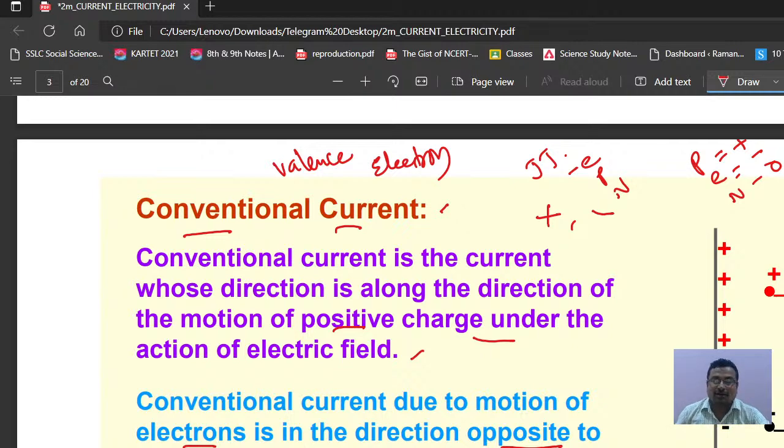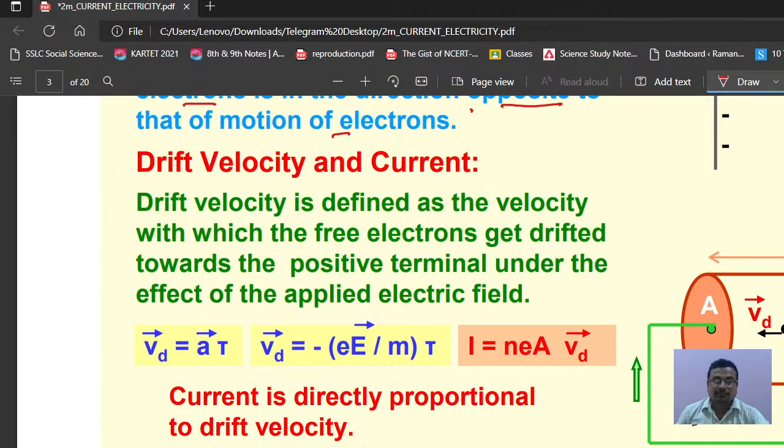So now next is drift velocity. When the electrons are there in a conductor, we are supplying current. So here Vd is nothing but drift velocity. A is acceleration, T is relaxation time, E is the electric field.